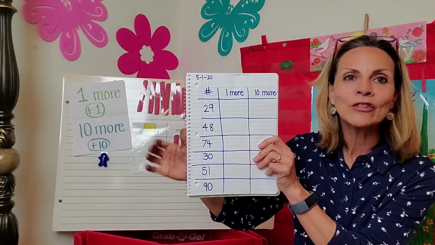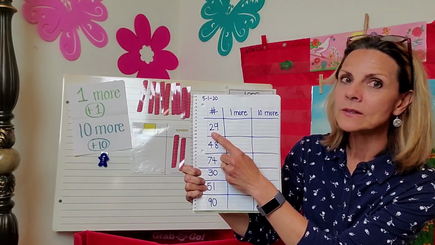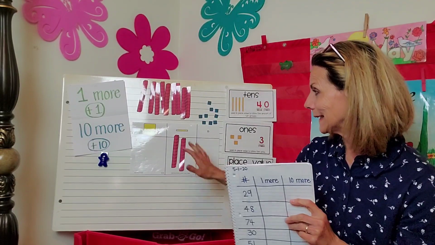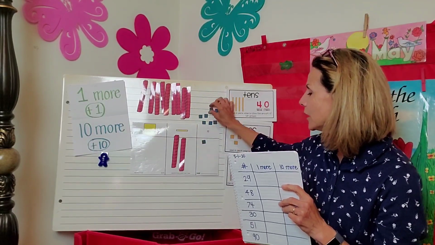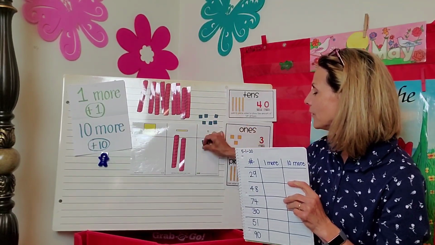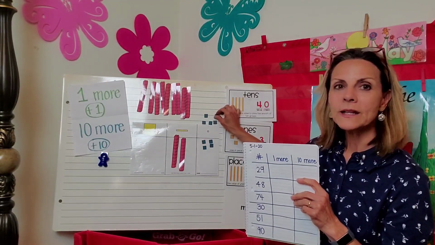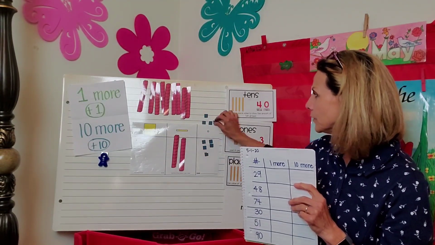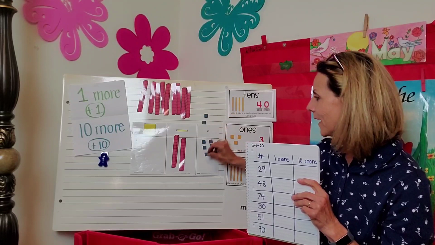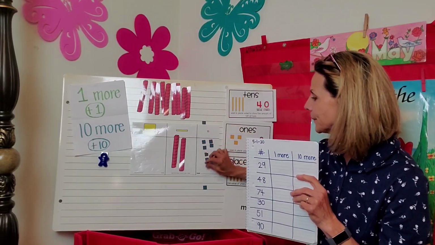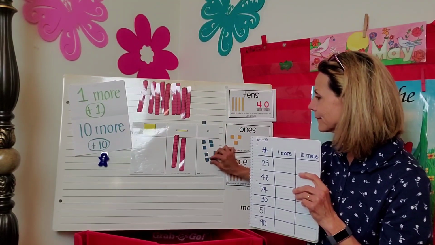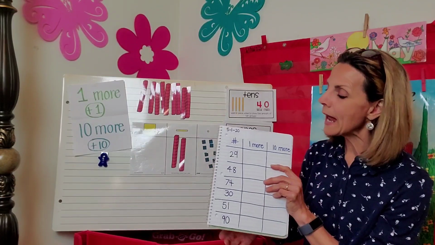And what I'd like you to do is build your value in your mat, just like I did. So if you were working on your place value mat with your blocks, you would build your 29. Okay, build your 29.